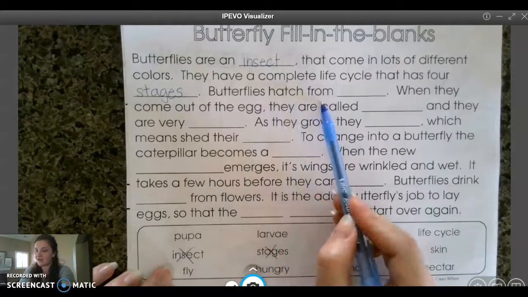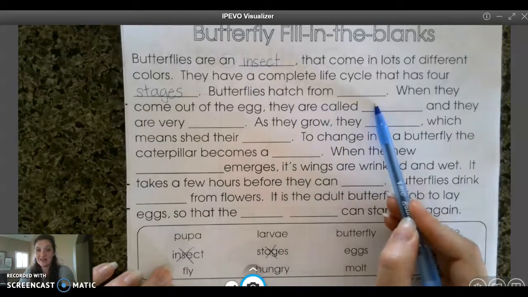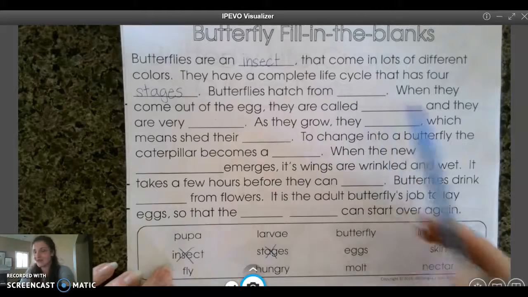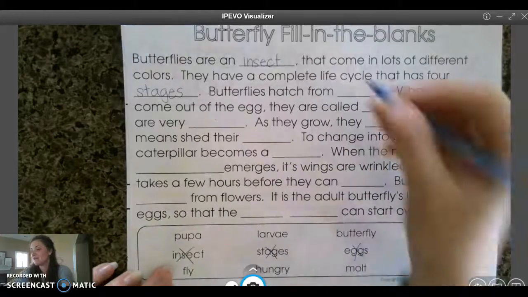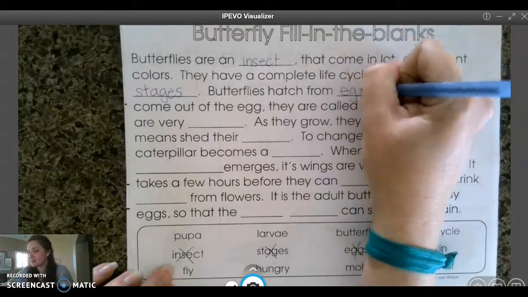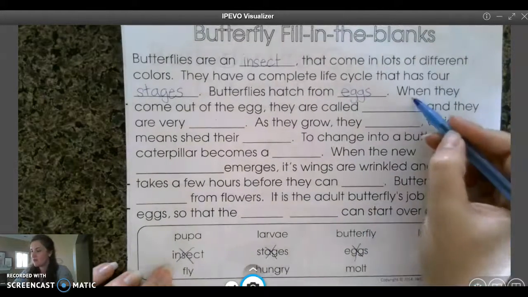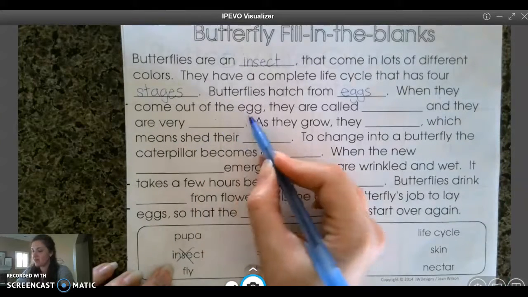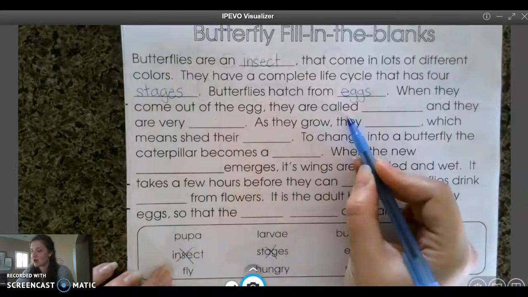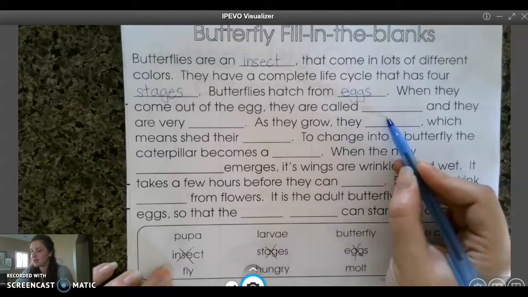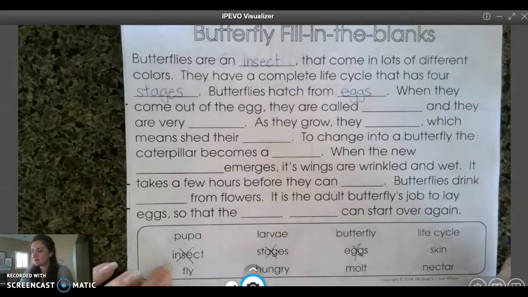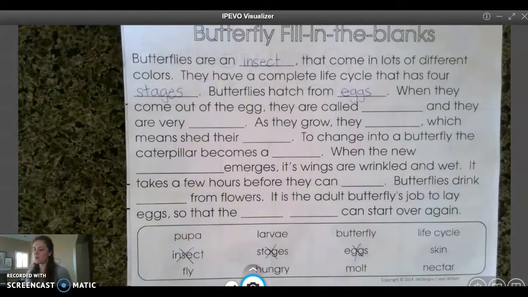Butterflies hatch from what is it here? This is where our eggs goes. Butterflies hatch from eggs. Okay, when they come out of the egg, they are called blank. What are they called? Do we know what it is called when it comes out from an egg?